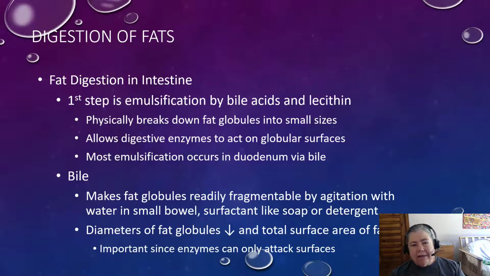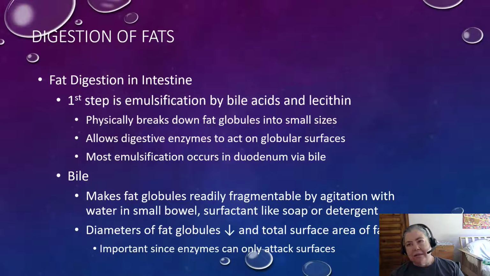So bile is really important to fat digestion. It allows the fat globules to be broken up by agitation and mixing, and decreases the diameter of the globules and therefore increases the surface area of these fat globules, which is important because the enzymes are water soluble. So they can only attack the surfaces of the fat globules.